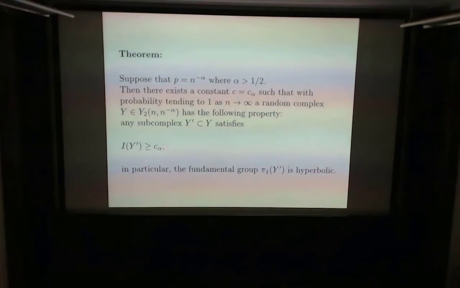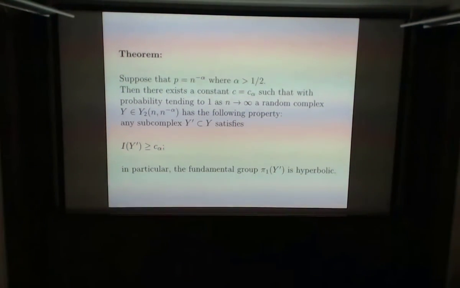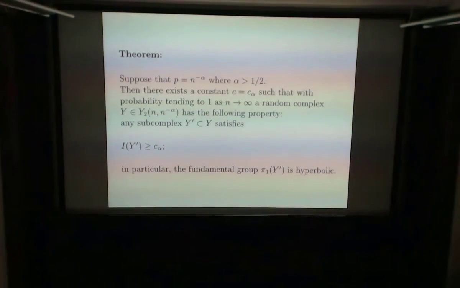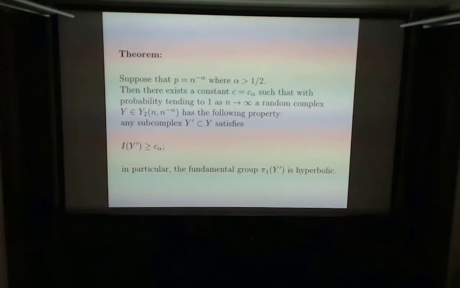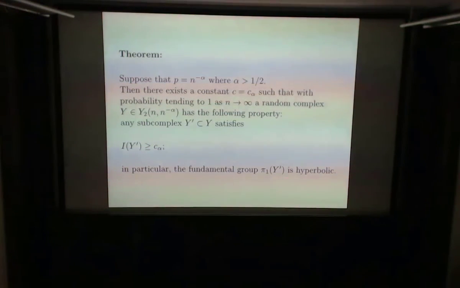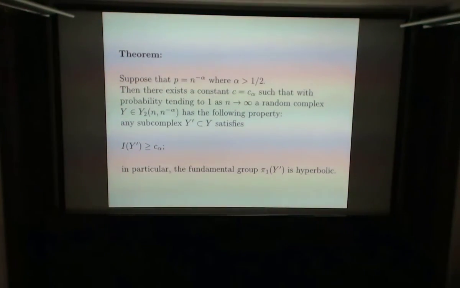And the C alpha is the same for all subcomplexes. So this constant depends only on alpha, on this exponent. In particular, the fundamental group is hyperbolic. But this is a very small part of this statement. This uniform hyperbolicity is a very strong property which we used many times.